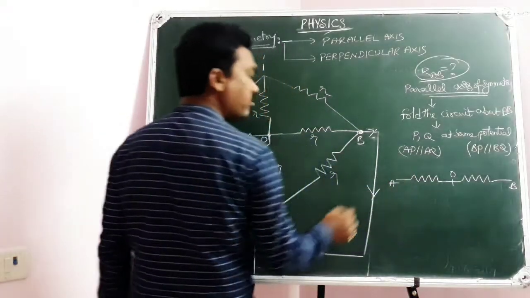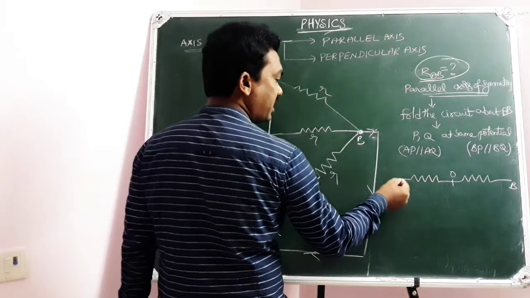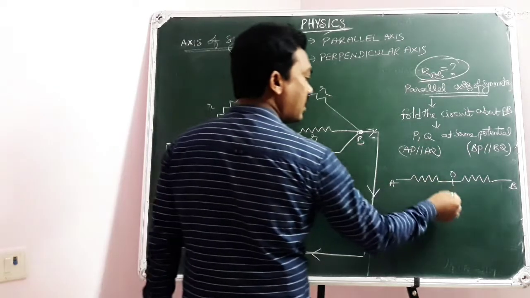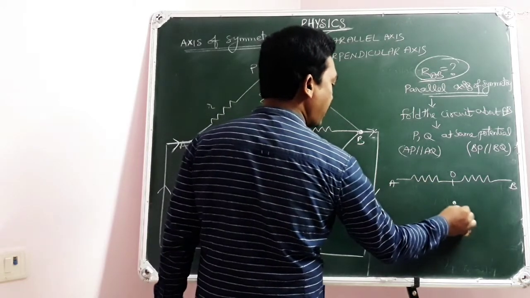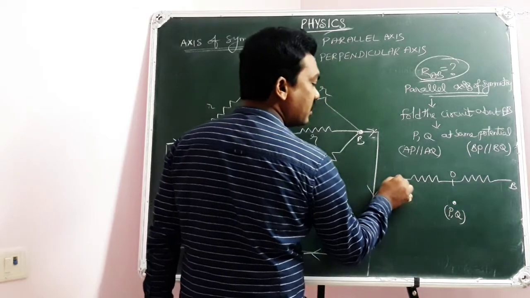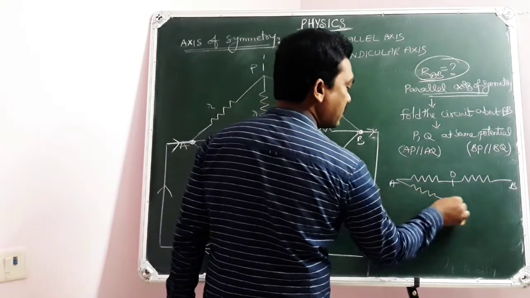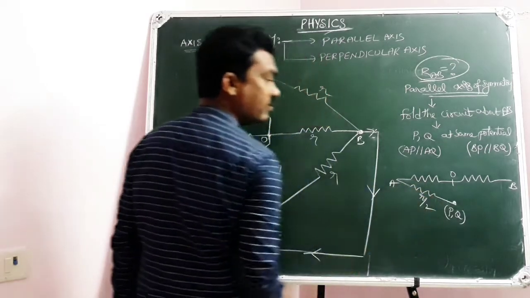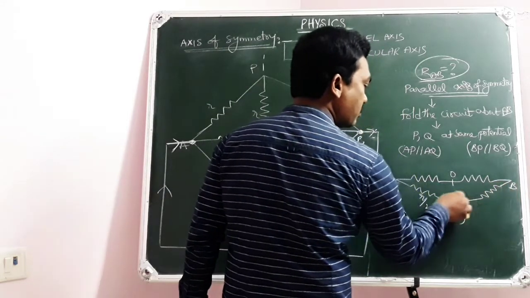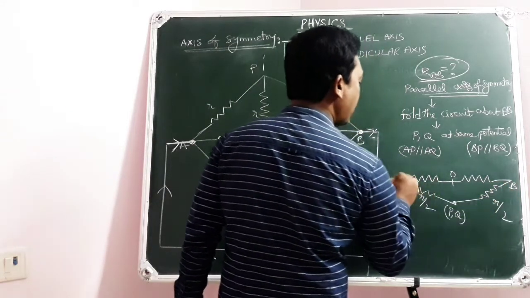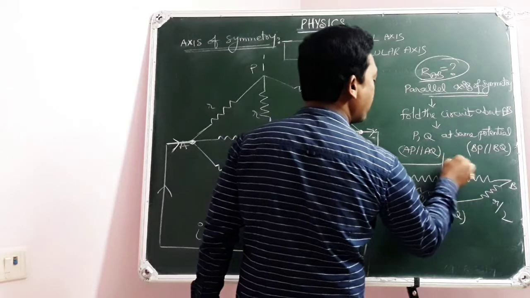Here P and Q are at equipotential, then here there is a resistor of R by 2, and here there is another resistor of R by 2. Of course, a battery is connected across AB.